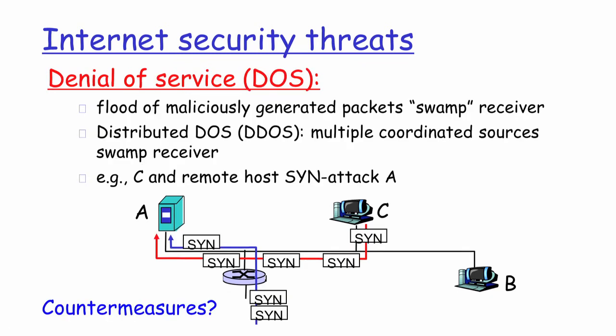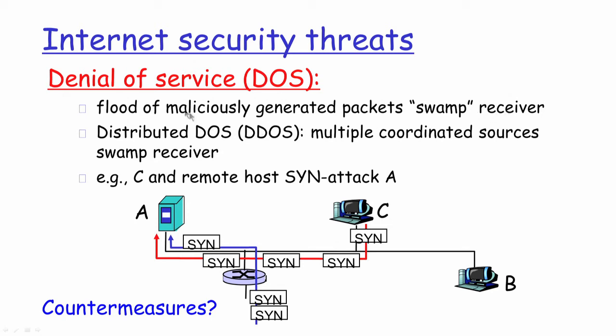So we just had a look at what the denial of service attack is in the previous module. It is basically a flood of maliciously generated packets purely with the intention of swamping the receiver, and without any real intention of establishing a legitimate connection with the receiver, right.